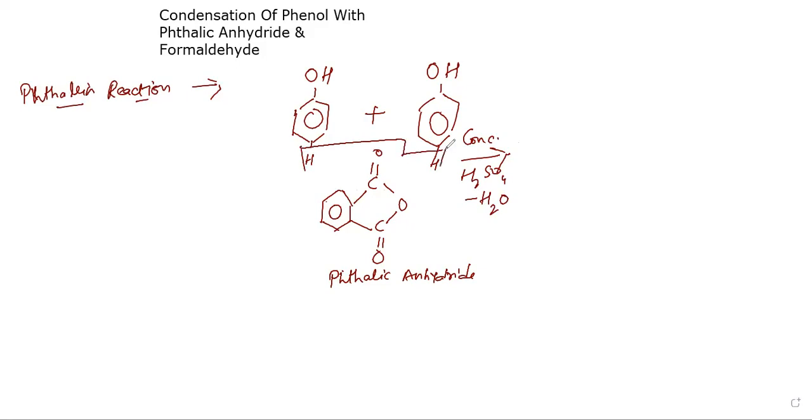Like this. One oxygen will come from phthalic anhydride, and these hydrogens will come from two molecules of phenol, right? It will form phenolphthalein. This is how the formula or the structure of phenolphthalein looks.